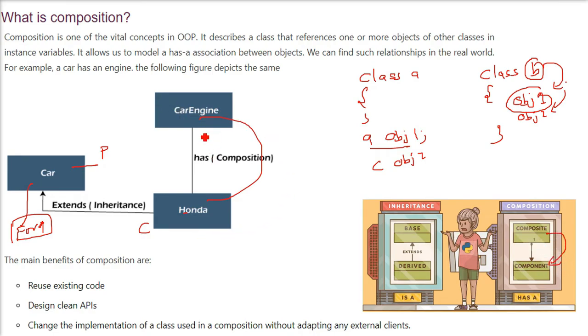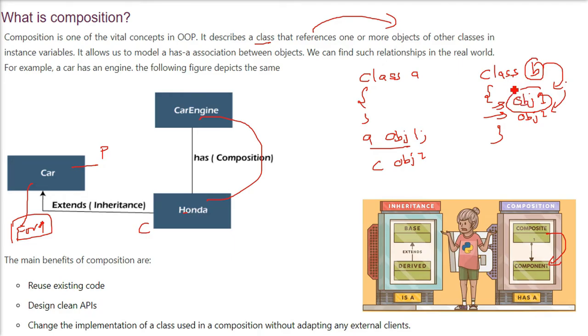So class B has A, class B has C, like a Honda has a car engine, a Ford has a car engine. In the Honda class, you are putting the object of the car engine class. So it describes a class that references one or more objects of other classes in instance variables. So it models a has-a association between objects.